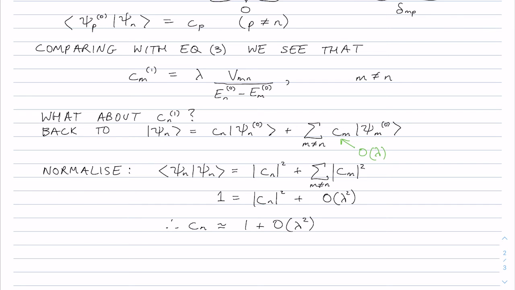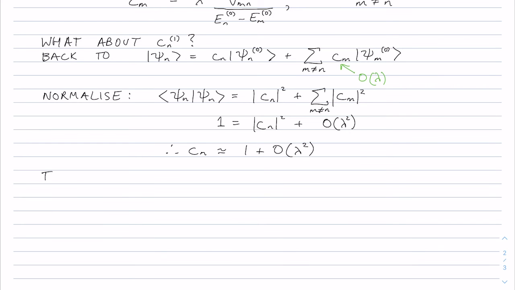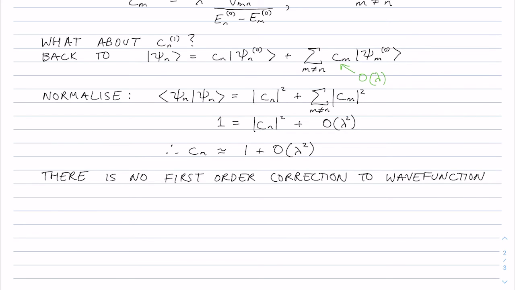And so we see that there is no first order correction to the wave function from Cn. In other words, Cn1 equals 0.